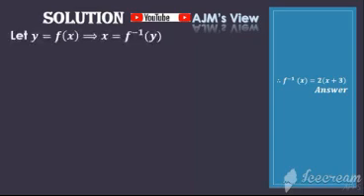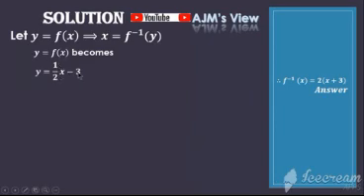Let y equals f of x, which implies x equals f inverse of y. So y equals f of x becomes y equals 1 over 2x minus 3. Remember that from the question, f of x is equal to 1 over 2x minus 3.